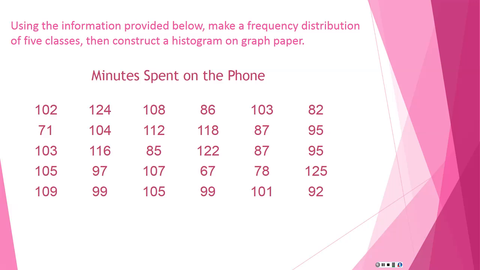It actually does have a name. So the maximum minus the minimum and divide by the number of classes. Can anybody fairly quickly pick out the maximum? 125. Okay, 125. And the minimum?